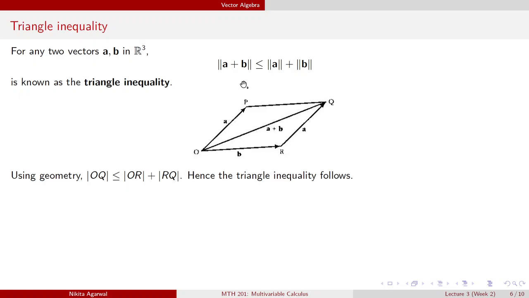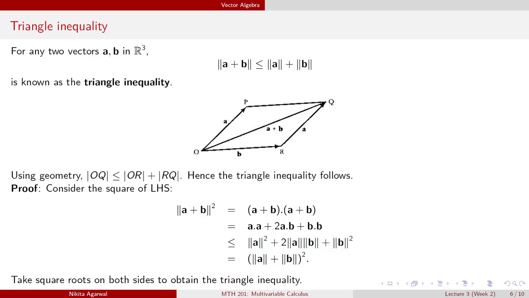It's nothing but norm of A plus B. Length of OR is norm of B and length of RQ is norm of A, right? Therefore, triangle inequality follows from this picture. But let us prove it using the methods or the definitions that we have seen here. So you consider the square of the LHS of this inequality.